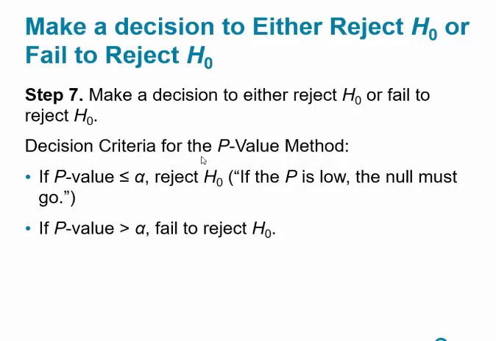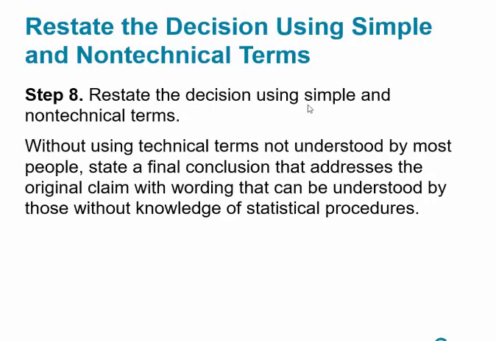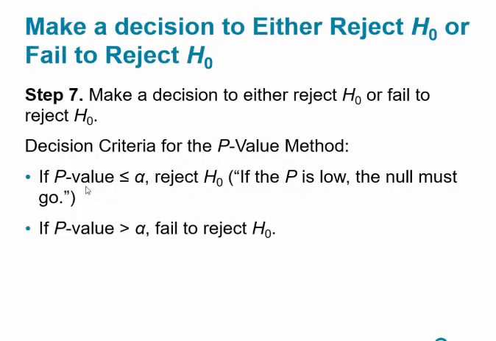So the decision criteria for the p-value method: if the p-value is less than or equal to alpha, we reject the null hypothesis. If the p-value is greater than alpha, we fail to reject the null hypothesis. Then we restate the decision using a simple non-technical term. Let me go back here. This is the same thing with the critical value.